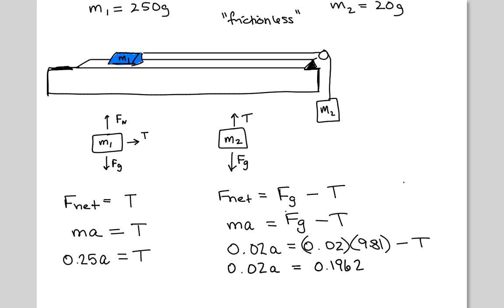So 0.02A equals 0.1962 minus T. Now what's nice here is we have a formula for T over here. See this formula for T? We could put that right there, and then we'd only be dealing with an equation involving A. So we'll do a nice little substitution.